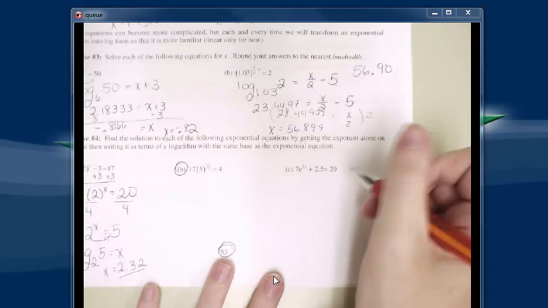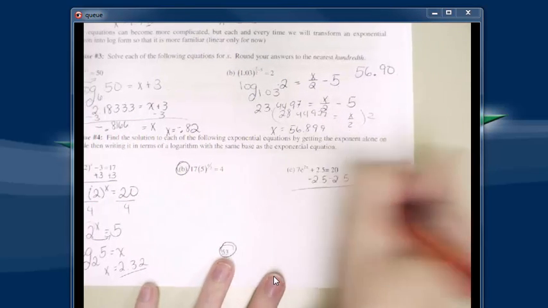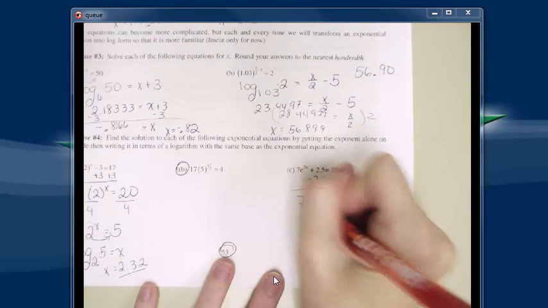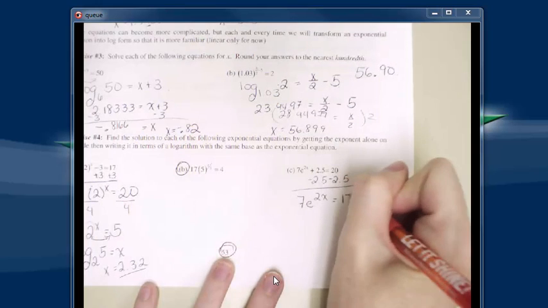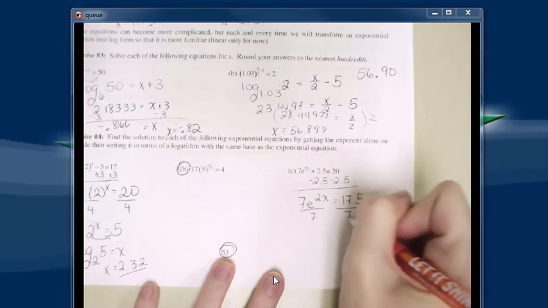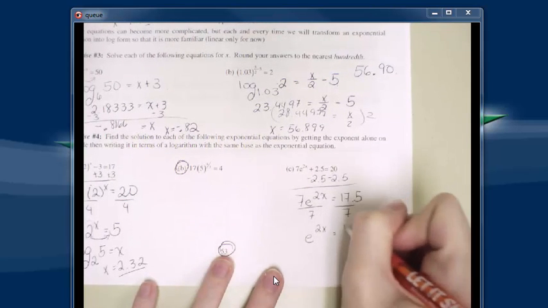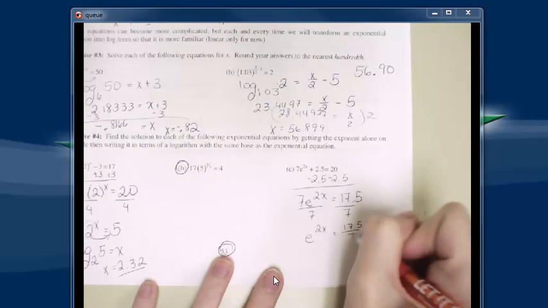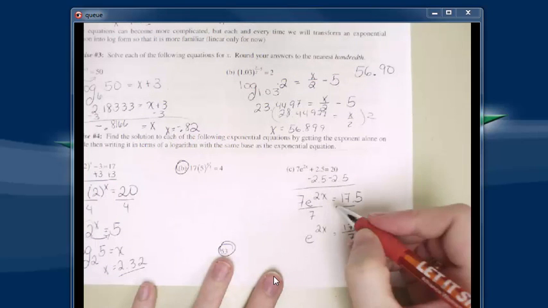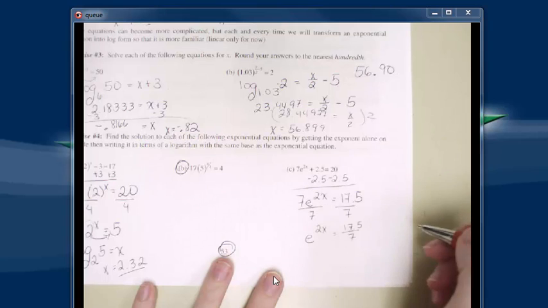So looking at B, you're going to do that one. C, step 1, subtract the 2.5. 7e to the 2x equals 17.5. Divide by the 7. That's just going to be easiest written as an ugly fraction. So now, base, exponent is a variable, ugly number.